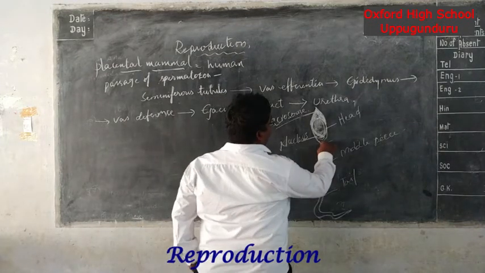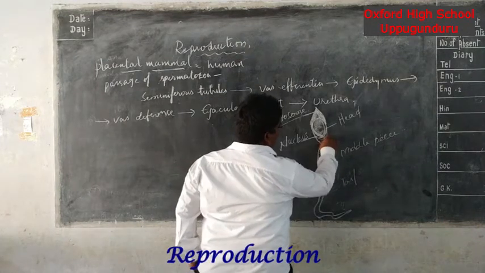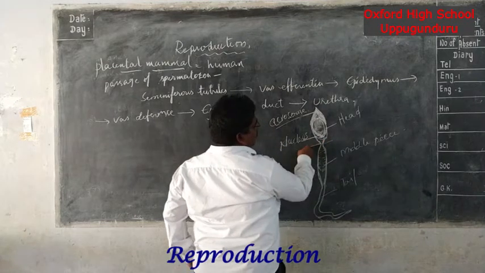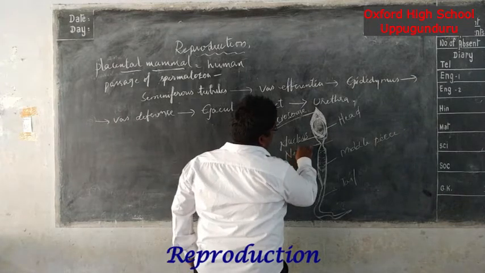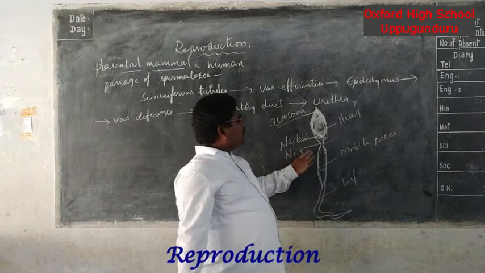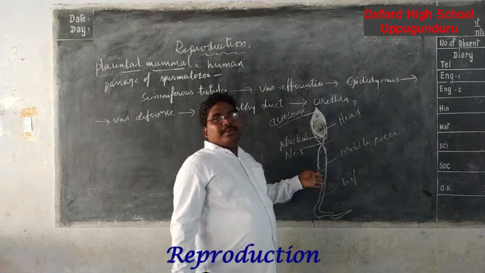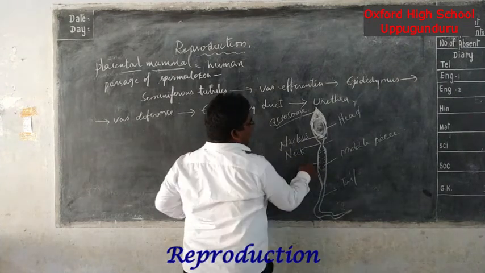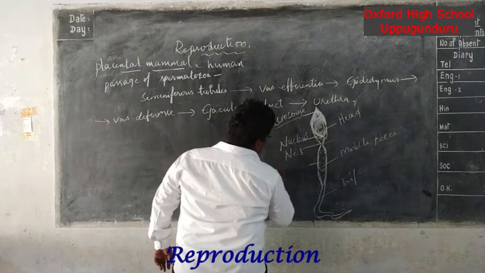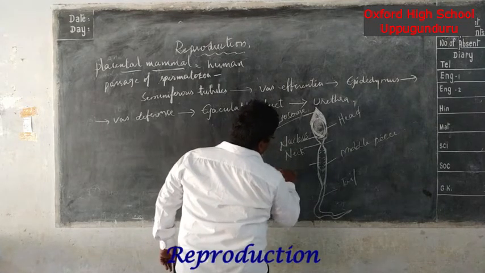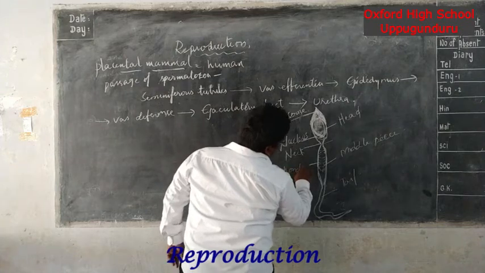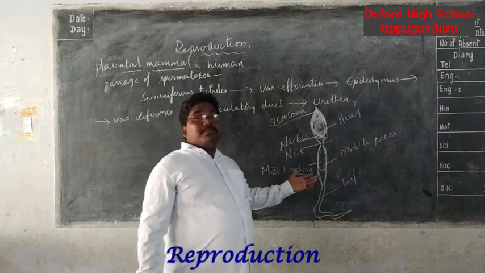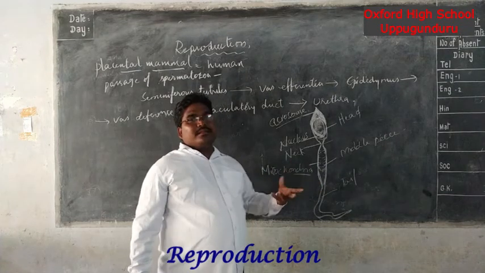Okay, and it has the middle piece. The head and middle piece are attached by the neck. The neck connects the head and middle piece. What is the function of the middle piece? The middle piece contains mitochondria, which supply power and energy when the sperms are moving.